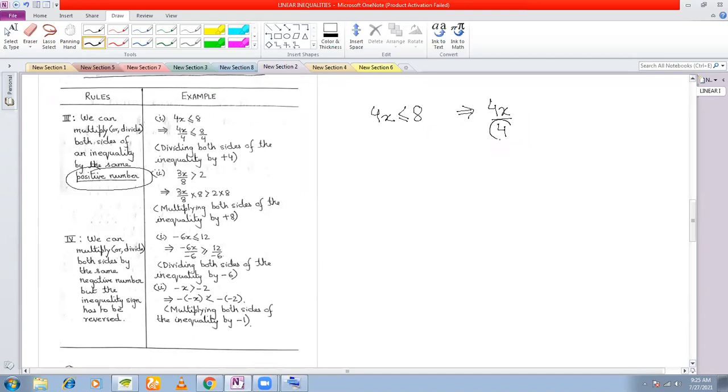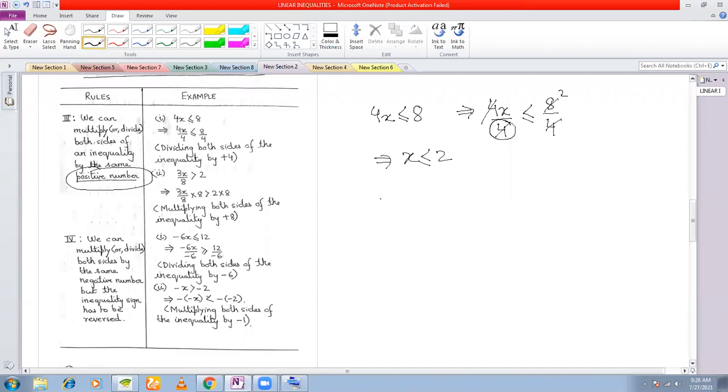And I'm dividing by a positive number, so I don't need to change the sign. Less than or equal to will remain less than or equal to. 8 by 4, so you get here this coefficient will become 1, less than or equal to 2. So you have solved this inequality by dividing both sides by the positive number.